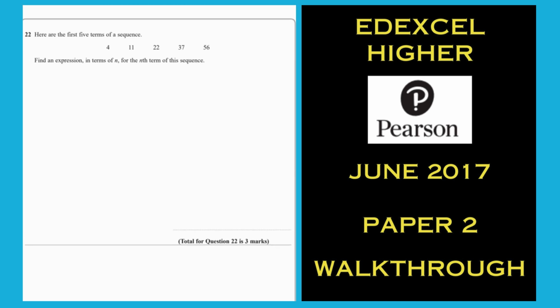On we go for a pretty bog standard nth term. So you look at your first differences, we get 7, 11, 15 and 19. So your second differences are 4. And as your teacher will have nagged you, you halve that, because that's the number that becomes the coefficient of n squared.